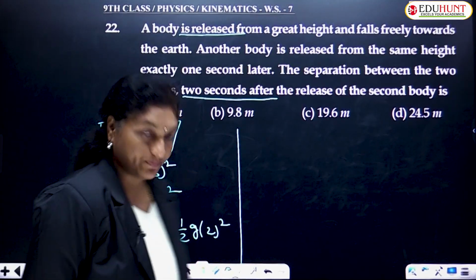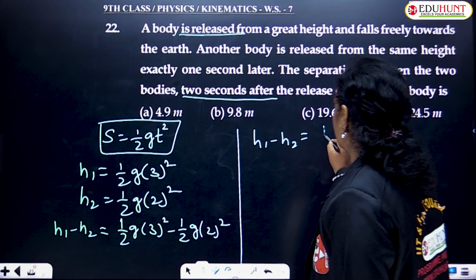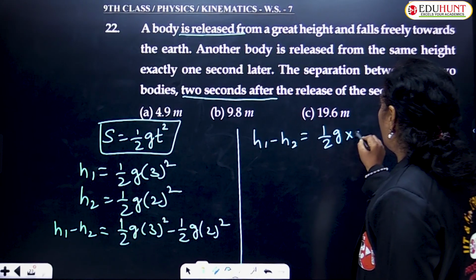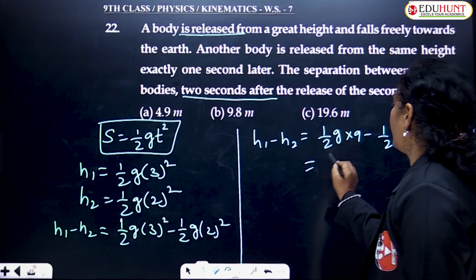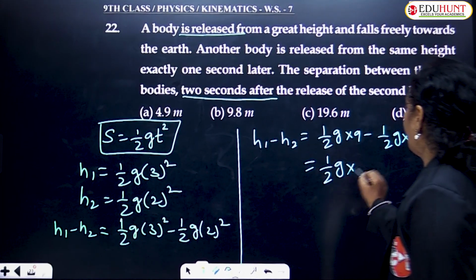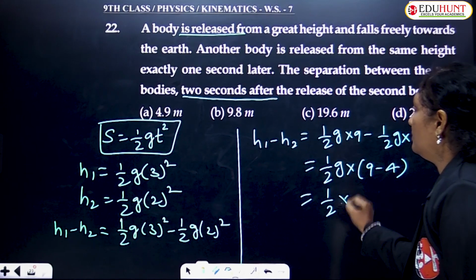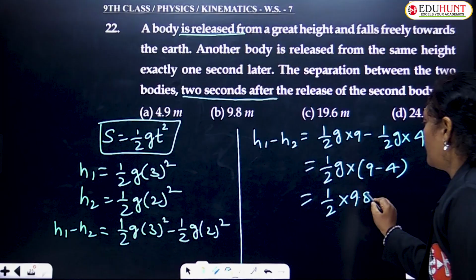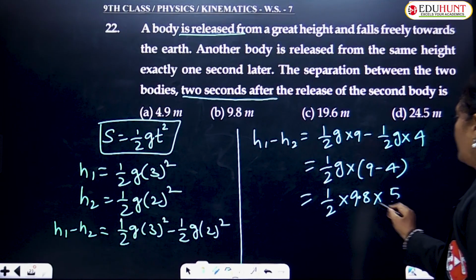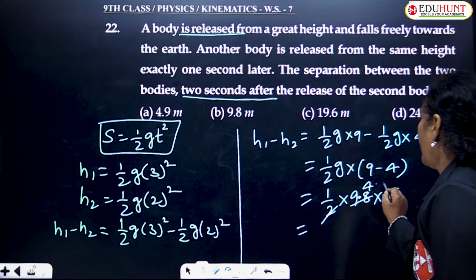Now simplify. Therefore, the separation h1 minus h2 equals half g into 9 minus half g into 4. Take out common half g. You get 9 minus 4. What is that value? Half into g, where g value here I took as 9.8, into 9 minus 4 is 5. 2 goes 4.9 times.